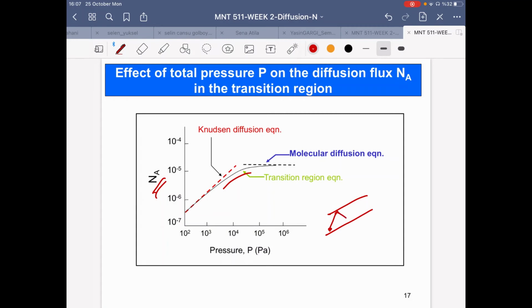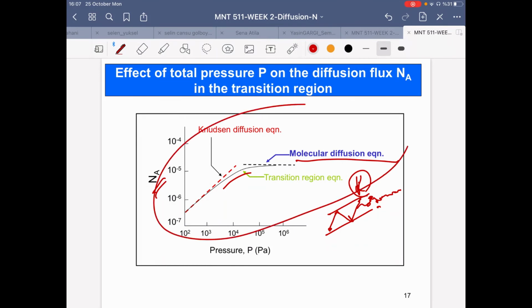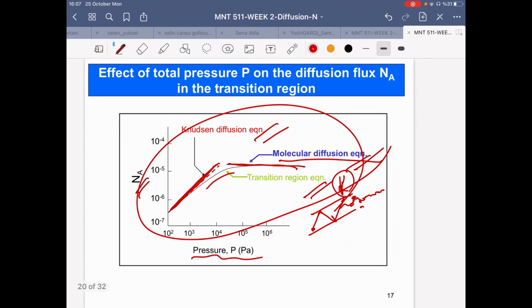So first it hits the walls, that's Knudsen. Then the molecules become so many that it stops hitting the wall. It has to hit one molecule after another, so it becomes molecular diffusion. That's why this graph is important. You have to figure out which path you are following as a function of your number of molecules and so on. These are the three major mechanisms that are followed in a porous system.